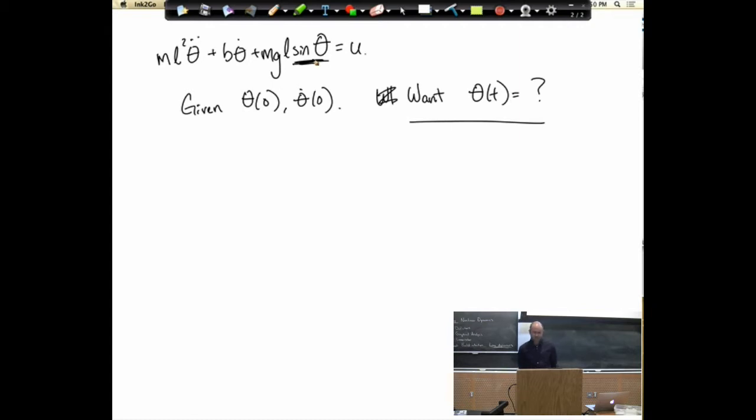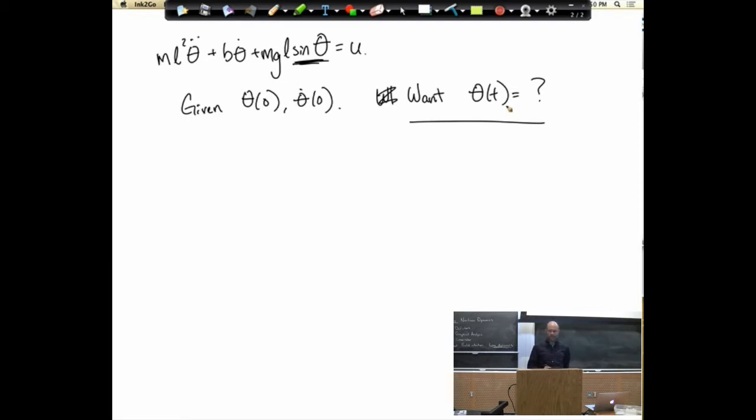But it turns out you can still do a lot of things with this, of course. So one of the messages for today is that I can basically completely understand the behavior of this system if I'm willing to ask slightly different questions. Asking exactly where theta is at time 6.2 is sort of not the right question.